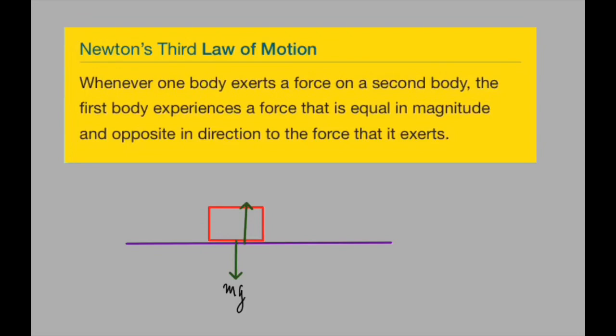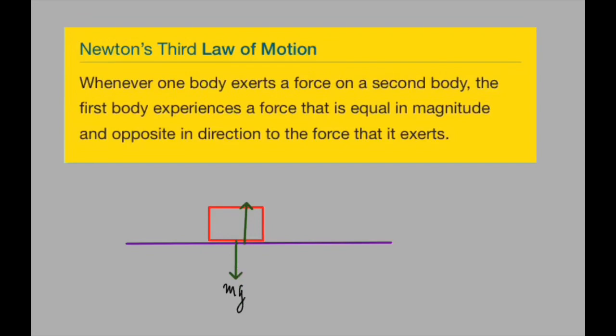And I am trying to show that by means of a diagram here, where you have an object on a horizontal table. The weight of any object acts vertically down. So m times g is the weight of the object.